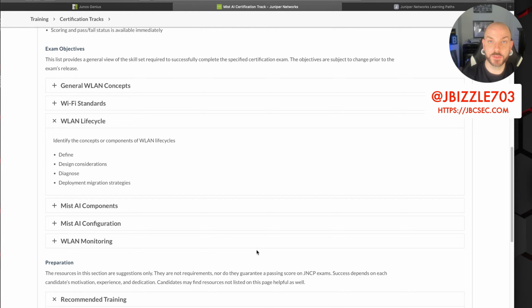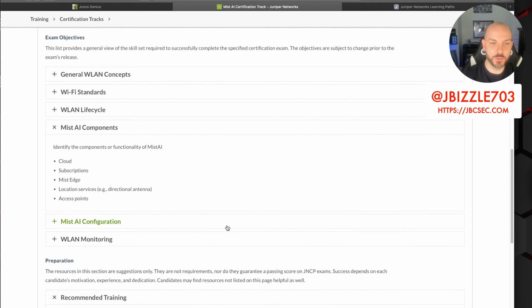Covering things such as the design aspects of implementing Wi-Fi. So, the types of things that you want to take into account, whether it be the amount of clients, the type of devices that they're going to have, the location, placement of wireless access points, things like that. And then really the rest of it was mostly focused on the MistAI components.